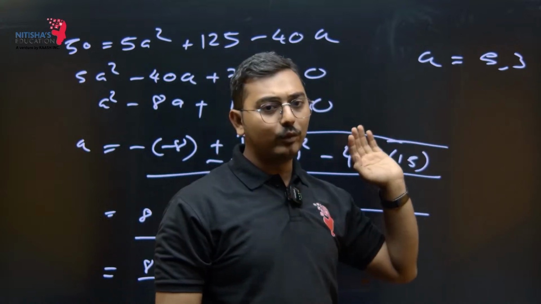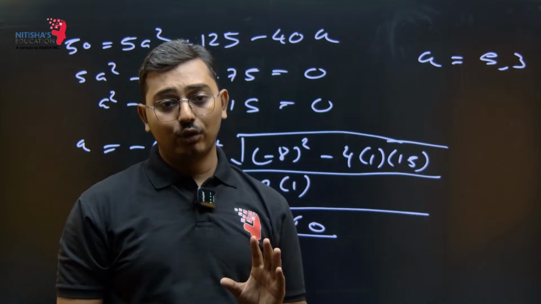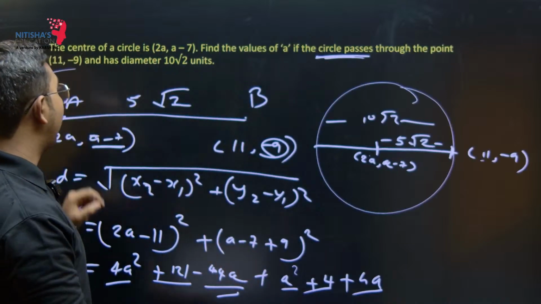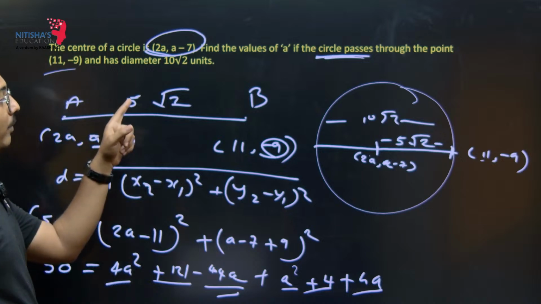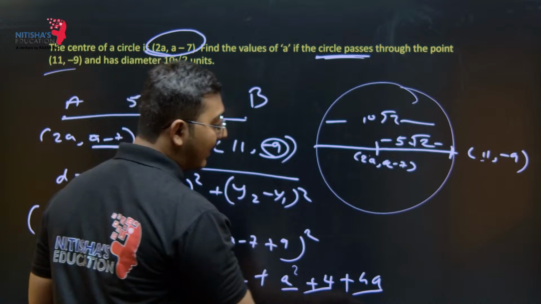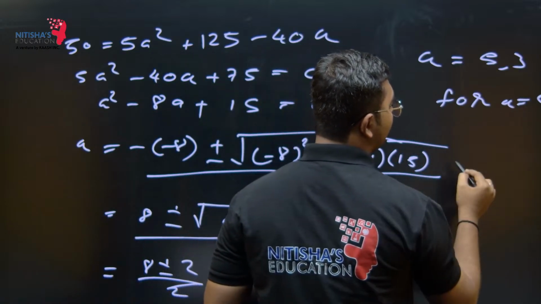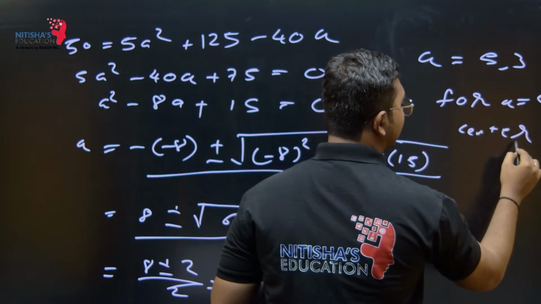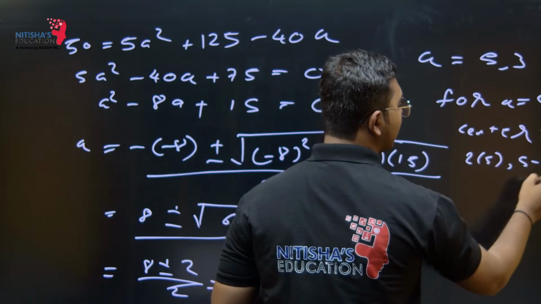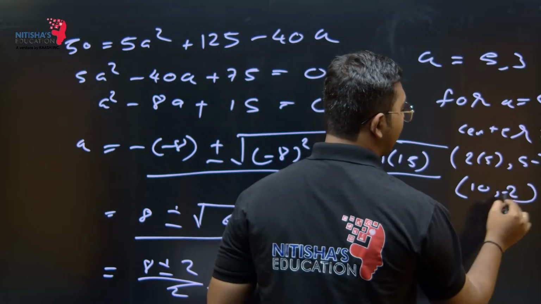Now if it had asked what is the center of the circles, then also you will write 2 answers. Why? Because our center is 2a comma a minus 7. Write it like this: for a is equal to 5, center is 2 into 5 comma 5 minus 7, which is 10 comma minus 2.